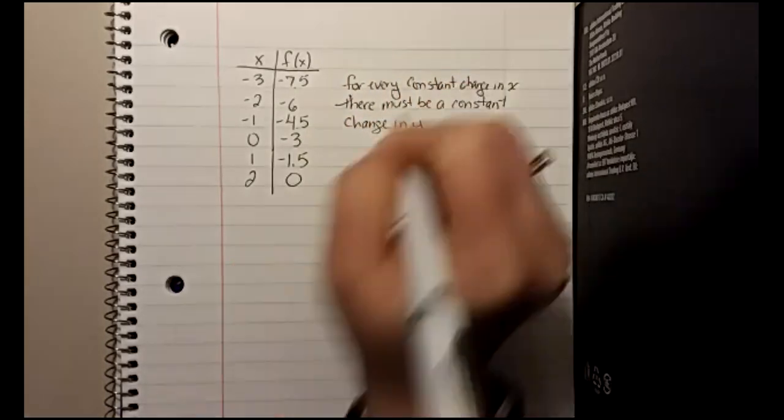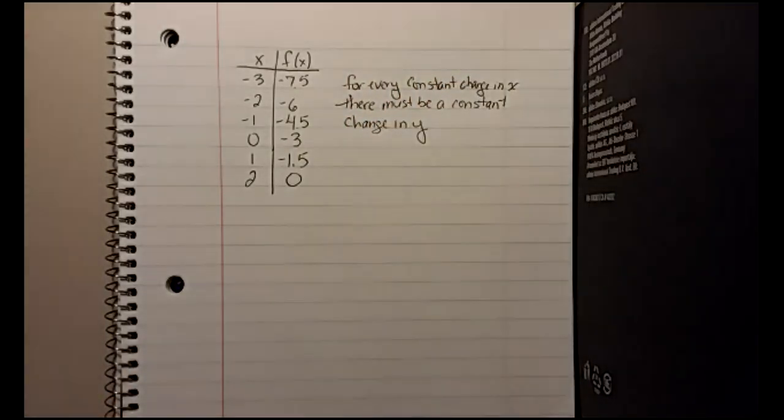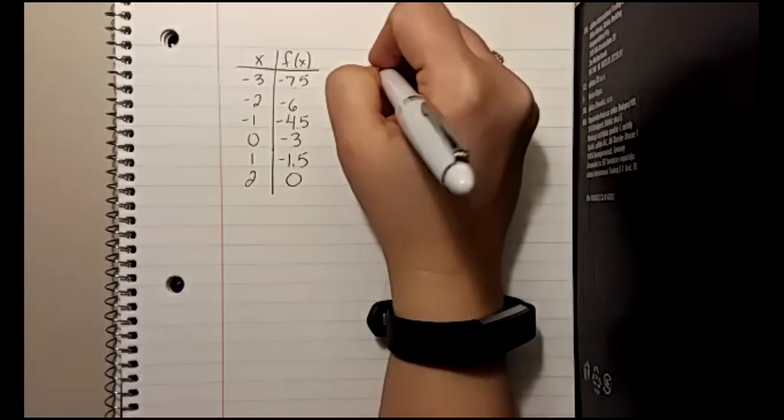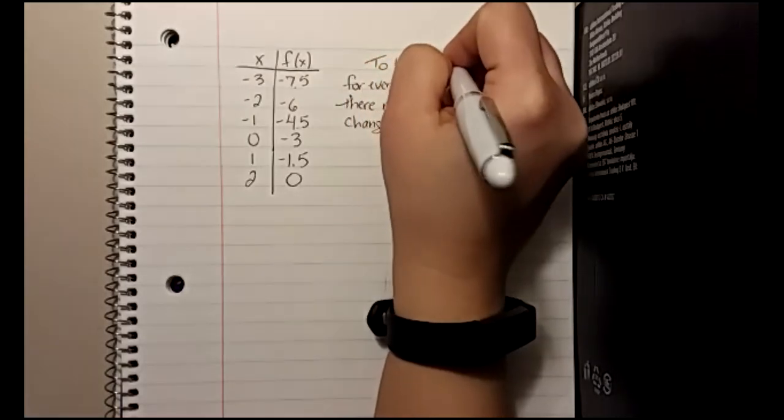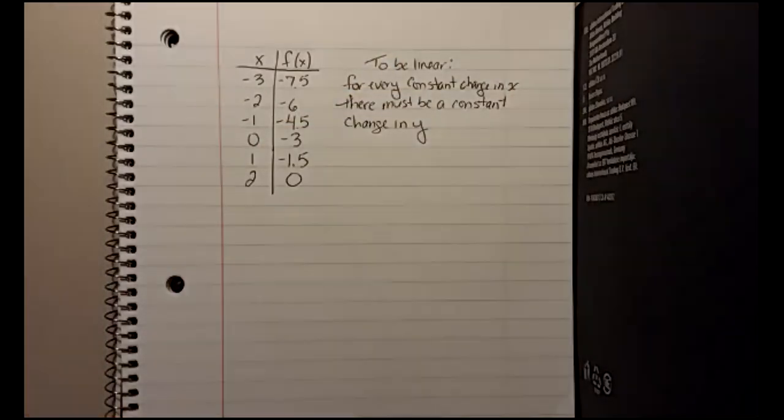Okay? And this, again, is to tell if something is linear. Okay? So to be linear, that's what you're looking for. So let's see if we can spot the pattern. Otherwise, we're going to do some calculations.